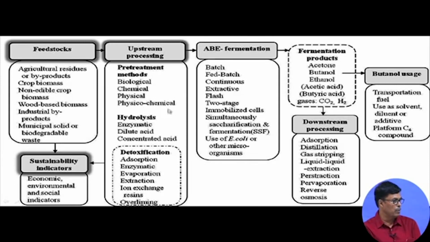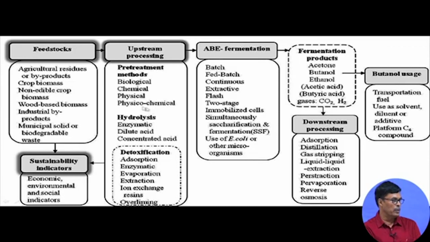I can give a typical example: if you use cellulosic material as a raw material for this fermentation process, then you have to go for either acid hydrolysis or alkali hydrolysis, or the biological, enzymatic hydrolysis process, just to convert the cellulose to glucose. Physical treatment means you can cut the solid particles into small sizes, so that your bacteria or enzyme can act more on the raw materials.